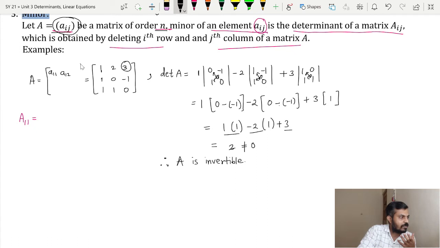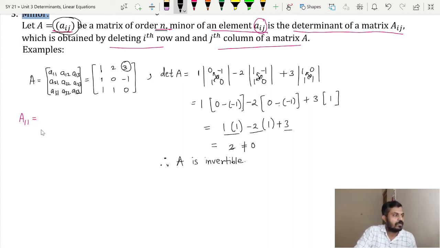A11 means it is an entry of first row first column, A12 means it is an entry of first row second column. Similarly A13 is an entry of first row third column. Similarly over here we will have A21, A22, A23, A31, A32 and A33.